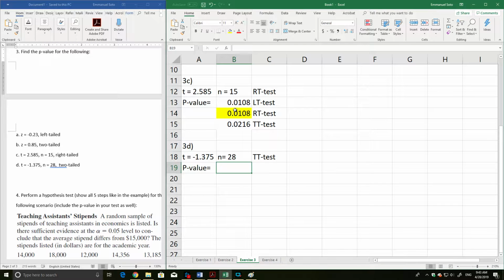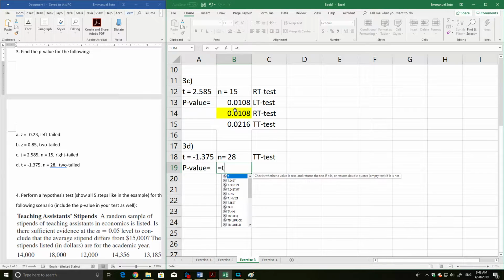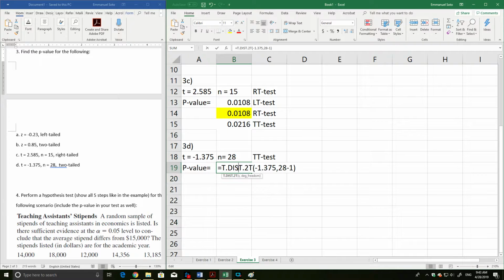All right, so then we want equals T.DIST.2T. Now, I believe that this function will not accept negative values. So I'm going to try typing it in. It should not take in negative values as far as I remember. It will give you an error because it's looking for a positive value and not a negative value.